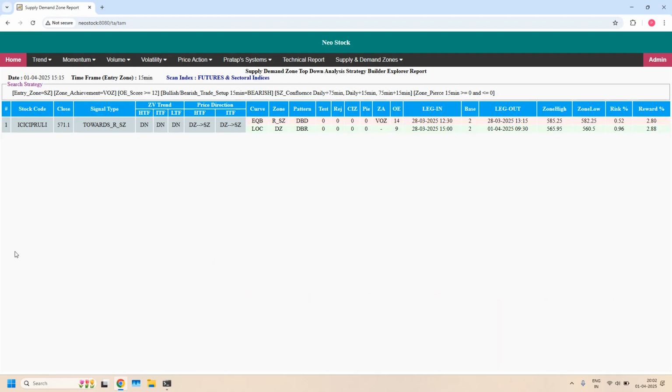With all the 3 filters, we got only one stock. So this 15 minute supply zone overlapped with 75 minute supply zone. Both together again overlapped with daily supply zone. And let us check, the daily trend is down. If daily supply zone is having daily EMA confluence, then this 15 minute supply zone might be having more probability to get success.